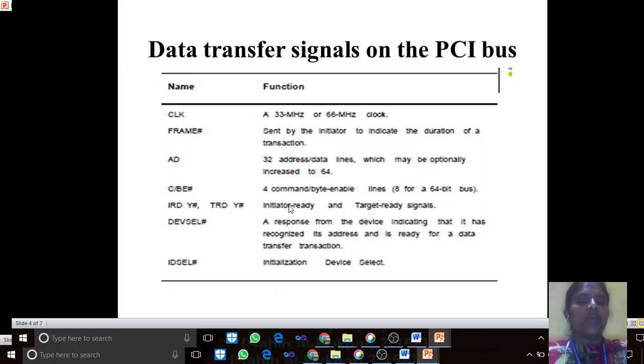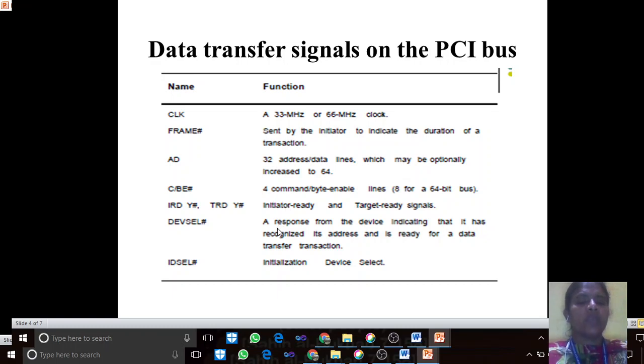C/BE#, which is 4 command or byte enable lines, 8 for a 64-bit bus and 4 for a 32-bit bus. IRDY# and TRDY#, the initiator ready signal and the target ready signal.